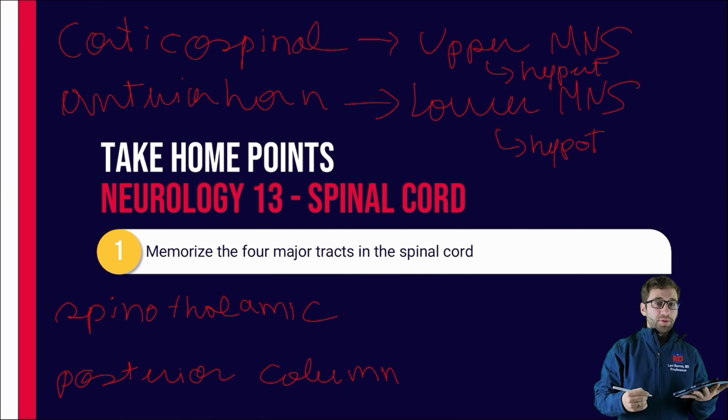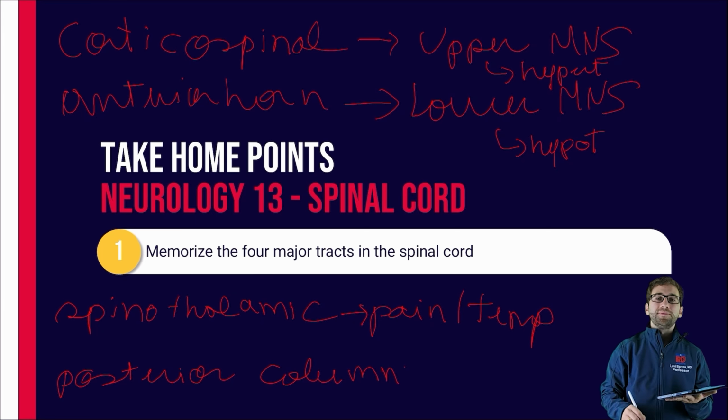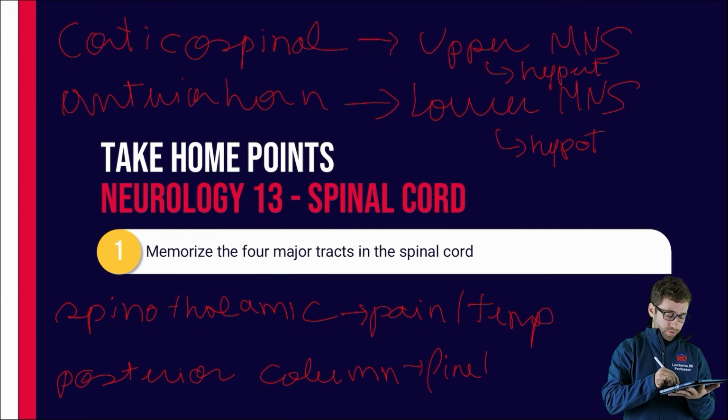Moving forward, the spinothalamic tract carries pain and temperature sensations, with fibers crossing at the level of entry in the spinal cord. The dorsal columns, which include the fasciculus gracilis and fasciculus cuneatus, transmit fine touch, vibration, and proprioception, with fibers crossing also in the medulla, not in the spinal cord.